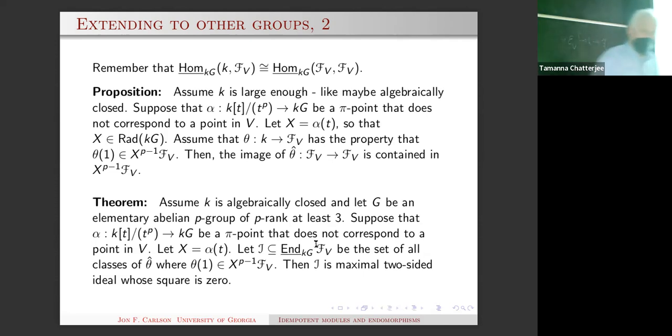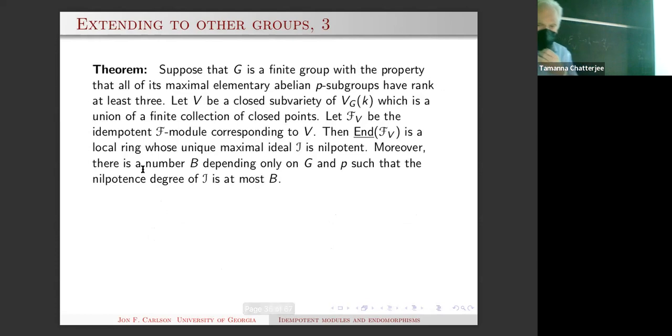And that's because the whole thing has to lift to something whose image is in the product of x to the p minus 1 with f of v. And if you do that twice, you get 0. So that's what you get in the elementary abelian case.